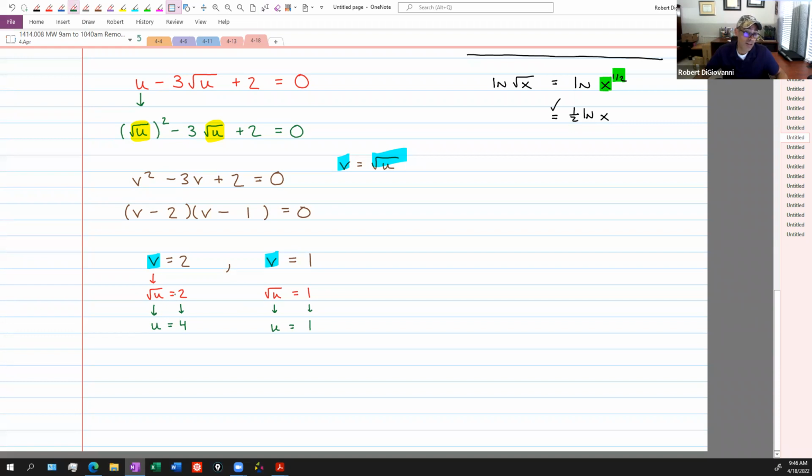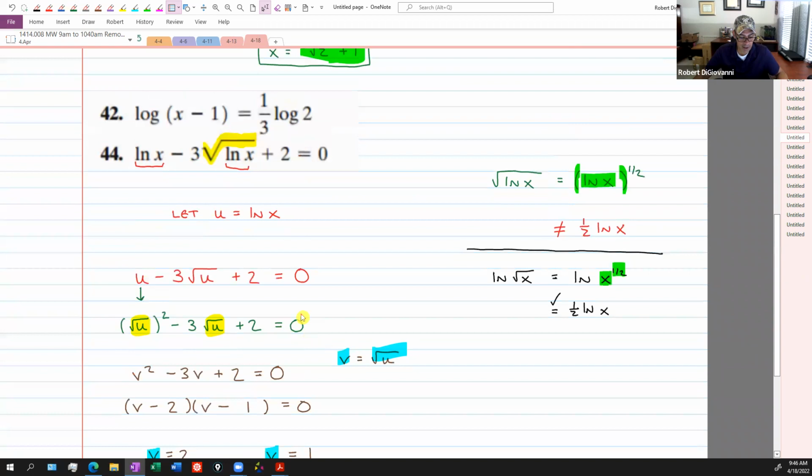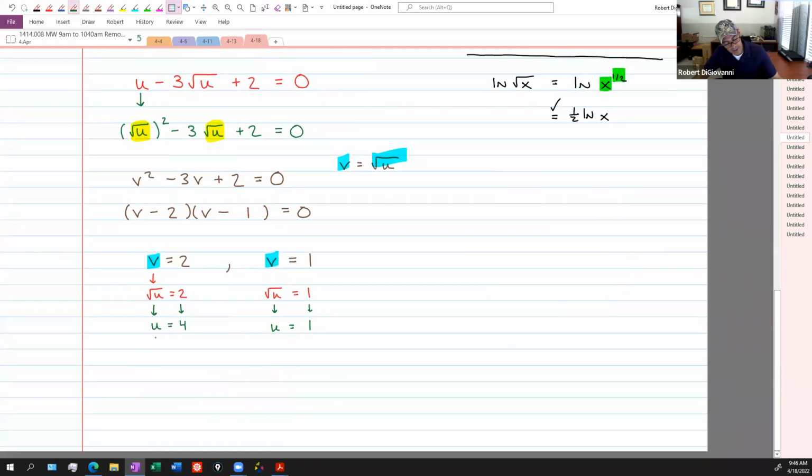So now I know that u must be 4 or u must be 1, but what was u? So go back up here. U was natural log of x, wasn't it? So that means that I make another replacement: natural log of x equals 4, and this one replaced natural log of x equals 1.